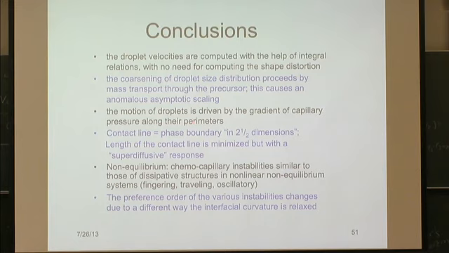The motion in these interesting cases goes because of a gradient of capillary pressure, which can be either because of interactions or because of changes of the substrate. And by the way, there are a lot of unsolved problems there.